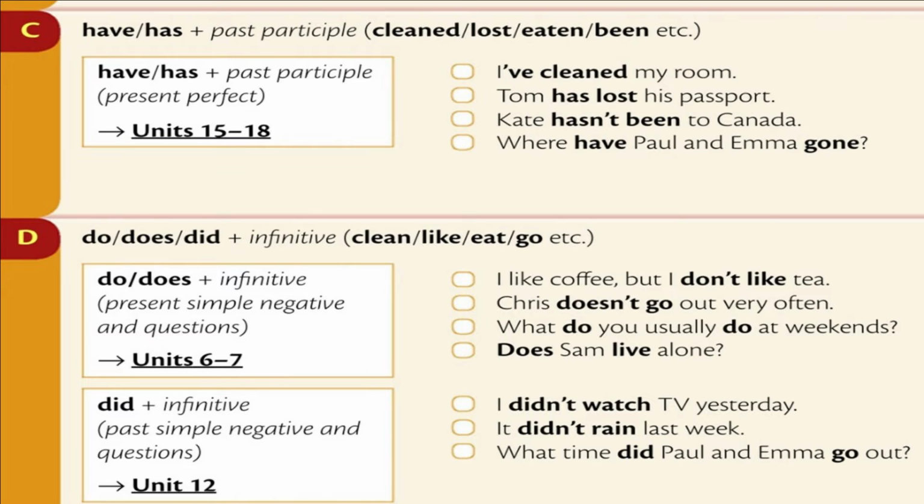This structure is used in present simple negative and questions. For example, I like coffee but I don't like tea. Chris doesn't go out very often. What do you usually do at weekends? Does Sam live alone?